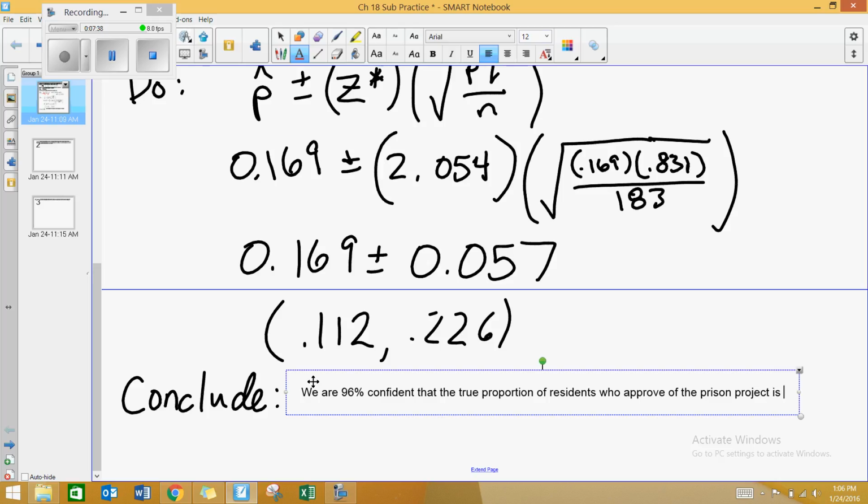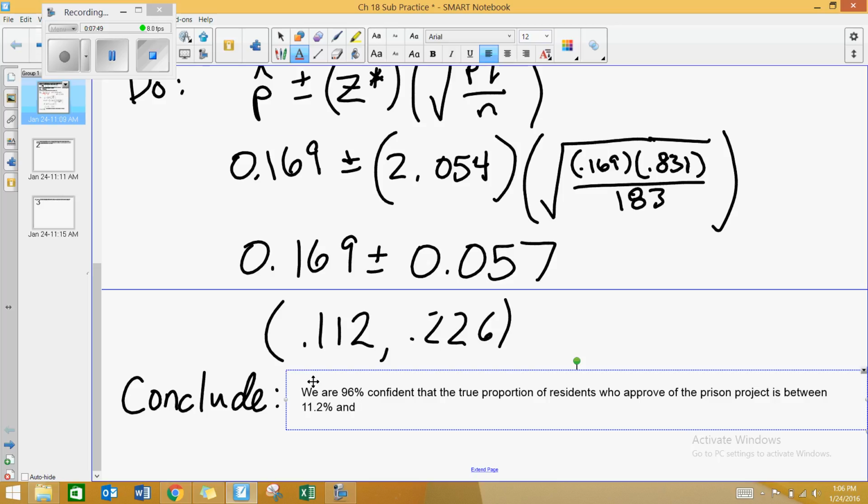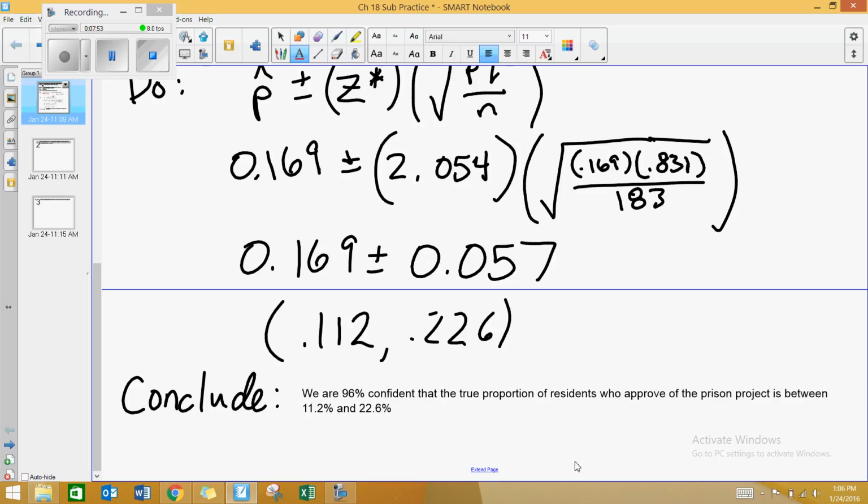And we feel 96% confident that that is between 11.2% and 22.6%. And that concludes the whole problem.